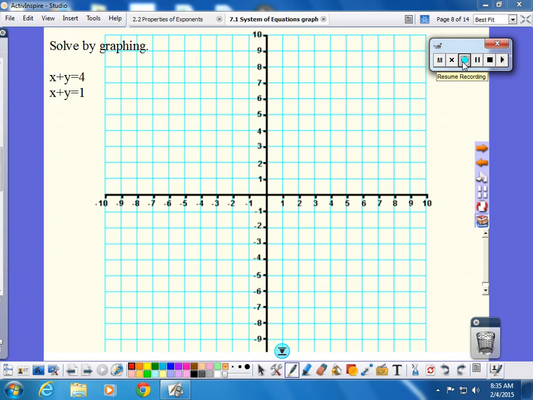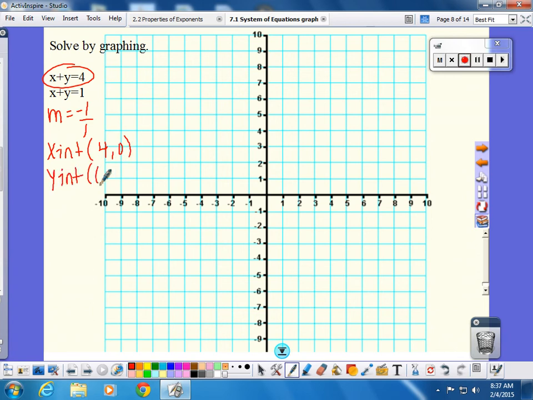Let's look at this example. Copy these down and then see if you can find the slope and both intercepts for each line. Try to graph once you think that we agree on all this information here.